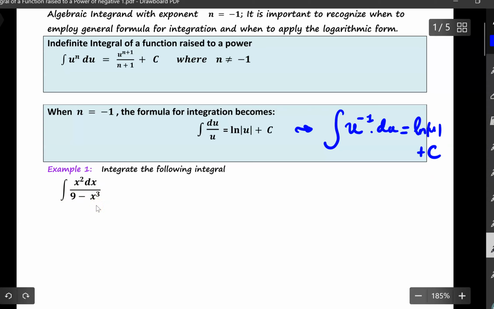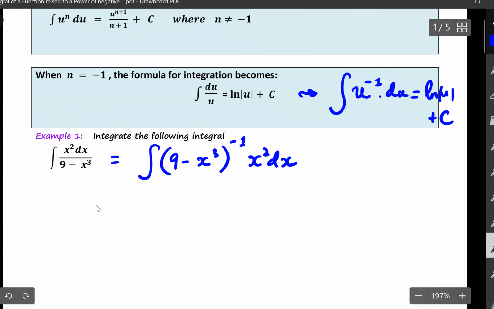So I can write my integral like this: the integral of 9 subtract x to the exponent 3, all of it raised to the exponent -1, times x squared dx. As you remember from the previous video, I was showing everyone how to work with the substitution method to let u equal the function inside the bracket here.